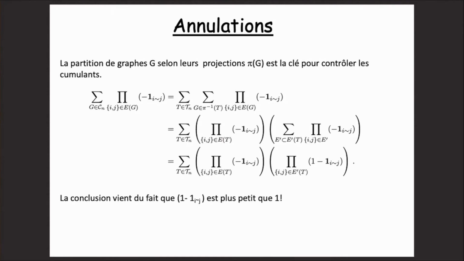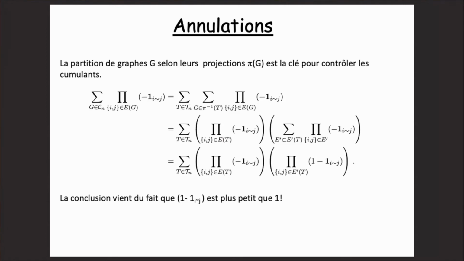And now I will just split this set of connected graphs according to their image by this partition scheme. Okay, so T is the image, and then I sum over all possible graphs which are in the pre-image of T. Okay, so that's just a partition. I have all possible trees, and for each tree I can describe all the pre-image of this T. Okay, so of course this is an identity here.